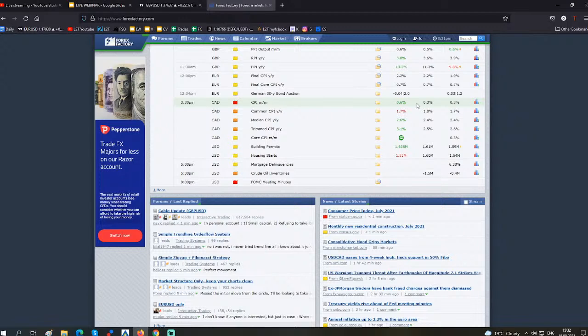Also, one moment, because I'm still waiting here for the core CPI. Also, trim CPI and median CPI were reported better than expected here. Yeah, I will take a look on the US dollar index as well, on the DXY. But yeah, this indicator, the consumer price index from Canada, better than expected.